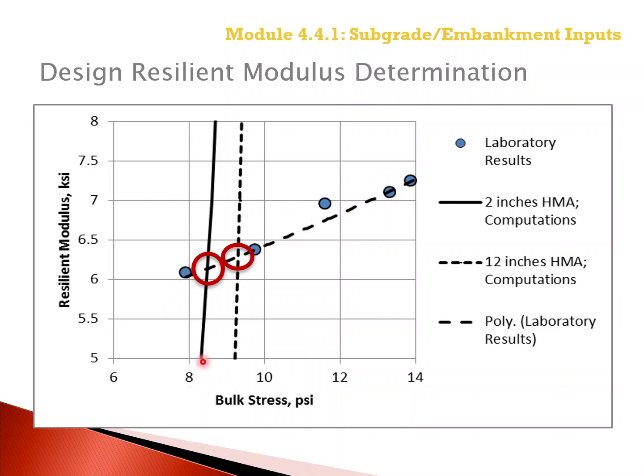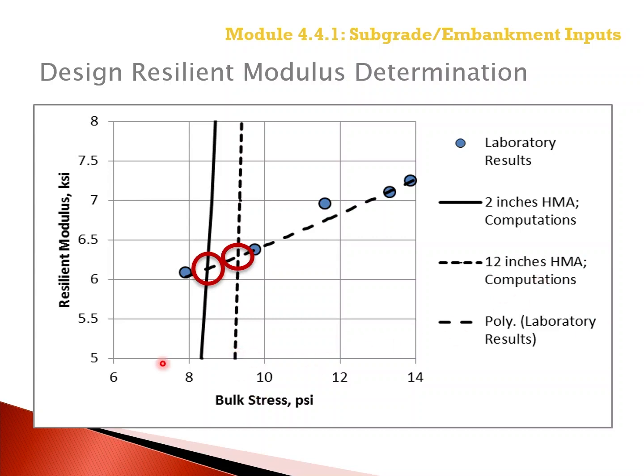We then have a theoretical relationship. The solid line is for a 2-inch asphalt pavement. In other words, a relatively thin asphalt pavement with an aggregate base. The short dashed line is for 12 inches of asphalt and an aggregate base.